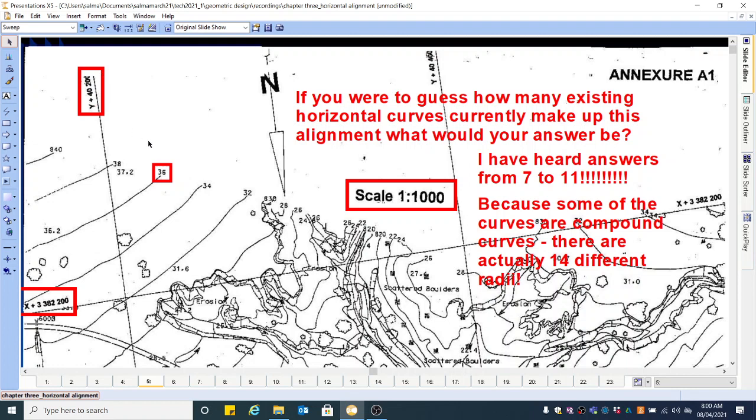Also, you have to take cognizance of the terrain of the ground. And if you look over here, you've got your contour intervals. They are 2 meters apart. So you've got 32, 34, 36, 38, 40. So those are your contour intervals over here. So you have to take cognizance of that as well.